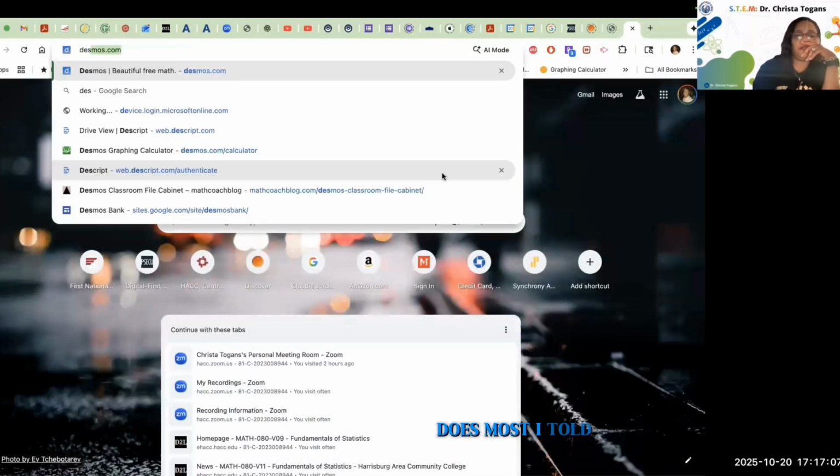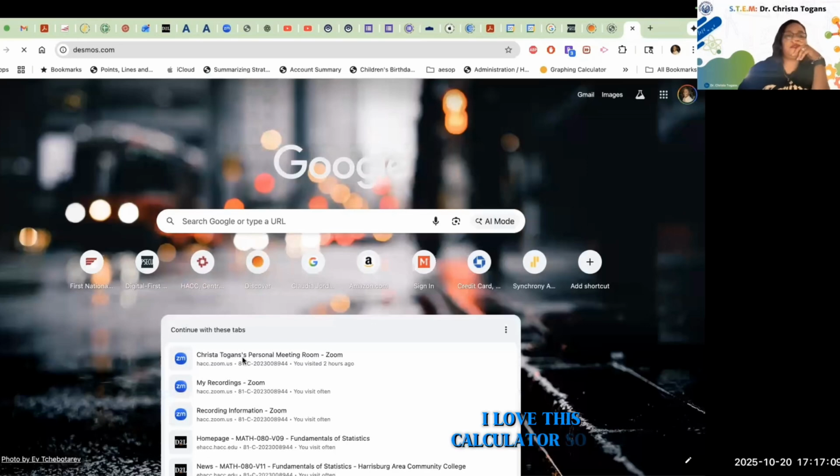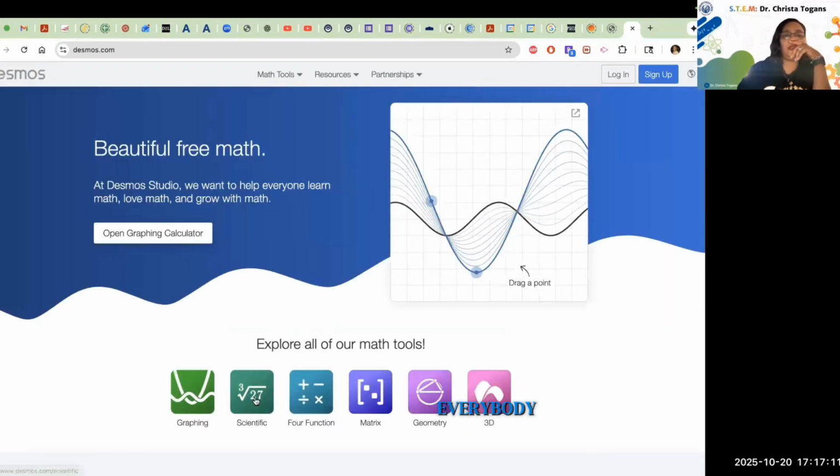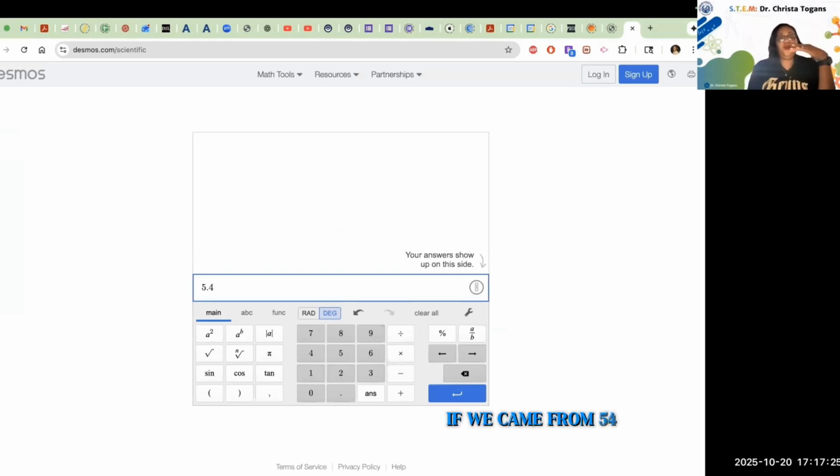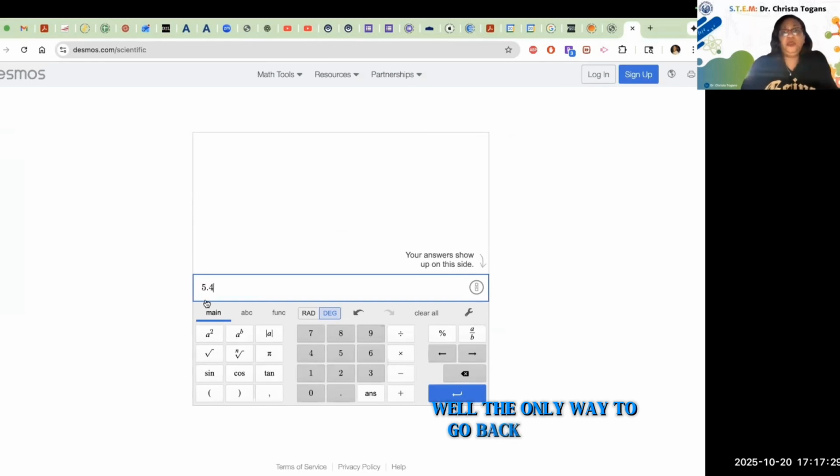Desmos, I told you I love this calculator. Everybody can use a scientific calculator on the test. So if it's 5.4 and we came from 54 and went to 5.4, the only way to go back to 54 is to multiply by 10.